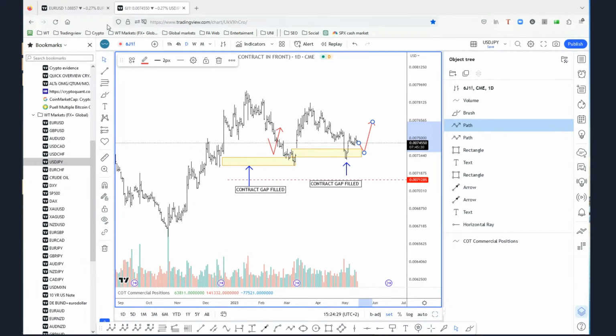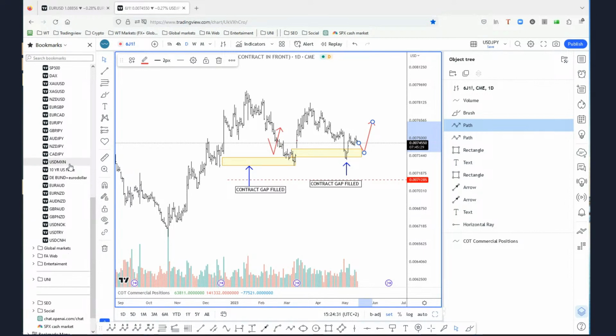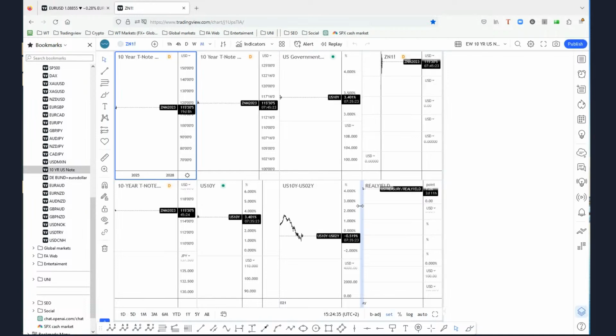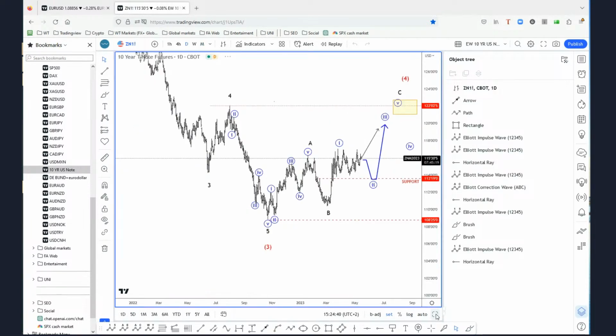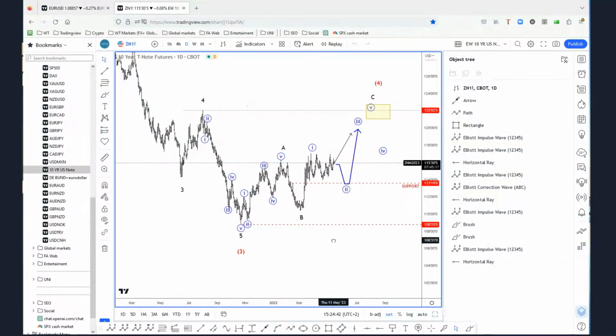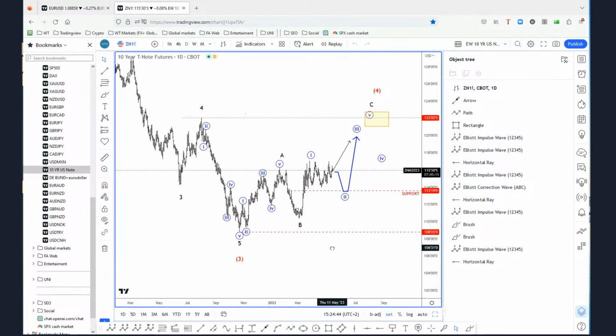Now let's take a look at the 10-year US notes. Okay, so this market has been sideways for the last few weeks, but the more sideways it goes, the stronger the breakout can be. I still think that this whole recovery will be corrective, that this recovery is incomplete.